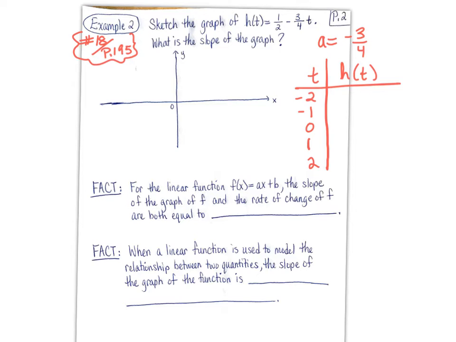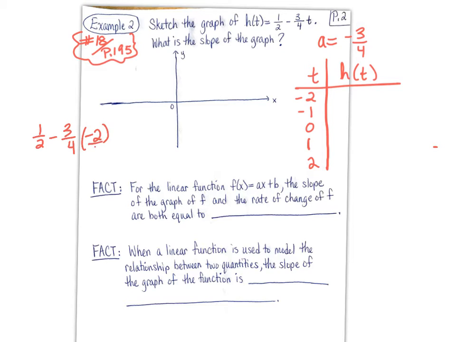Let me do that on the side, just so I can write it a little bit larger. So we would have 1/2 minus 3/4 times negative 2.